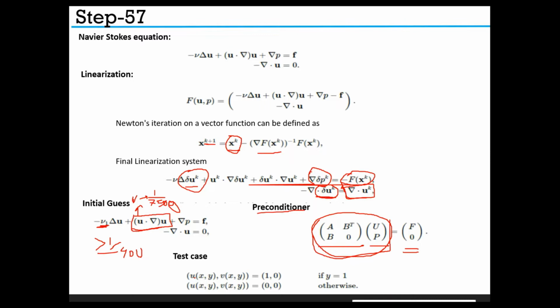The computational domain is the unit square, and the right hand side f is equal to 0. From that condition, if y is equal to 1, then we will get this condition, and otherwise we will get that condition. So in the code we will apply the if or else.